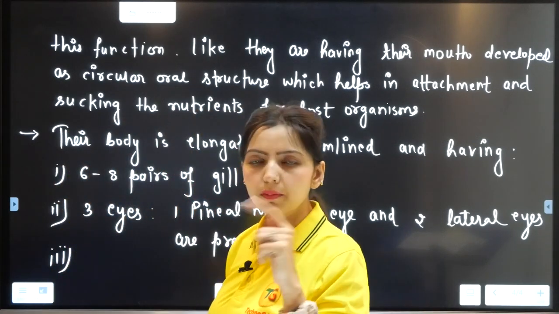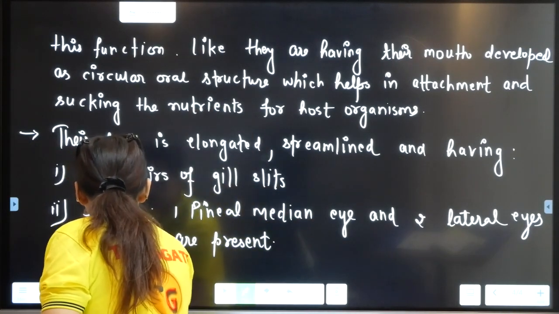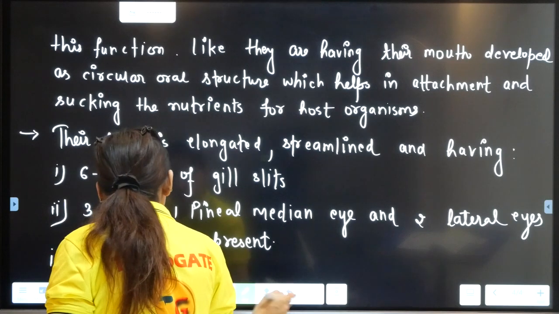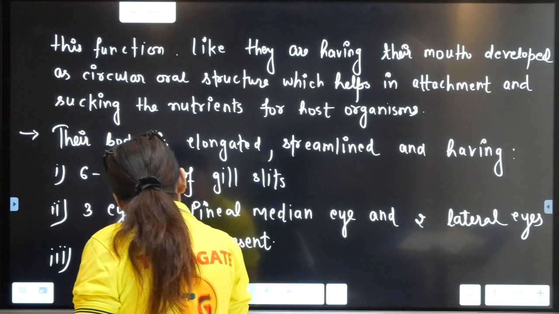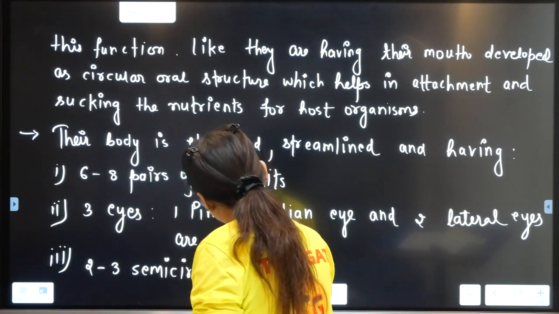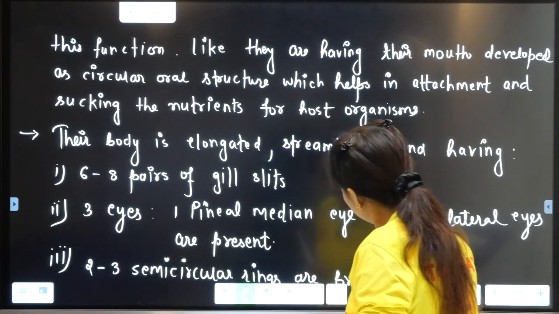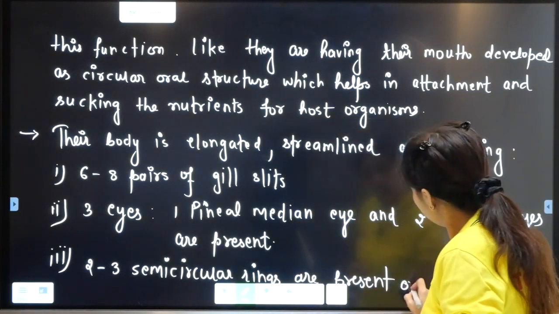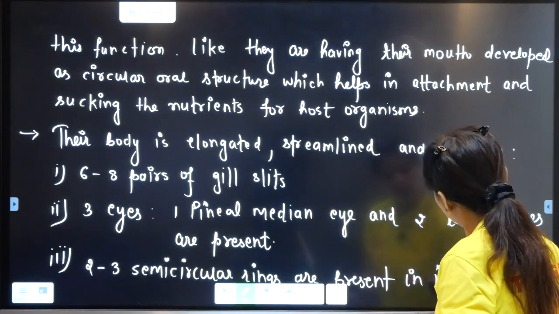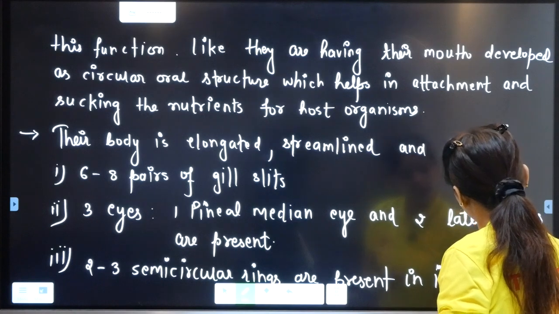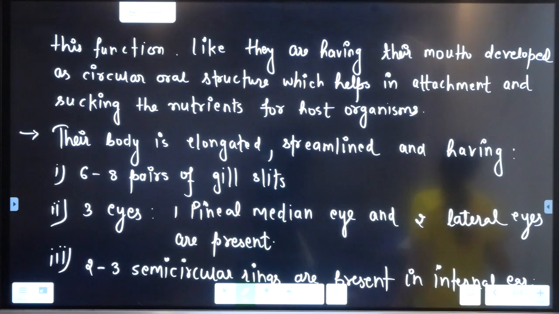Similarly, 2 to 3 semicircular canals are present in the ear. 2 to 3 semicircular rings are present in the internal ear. Just pause the video and note it down.